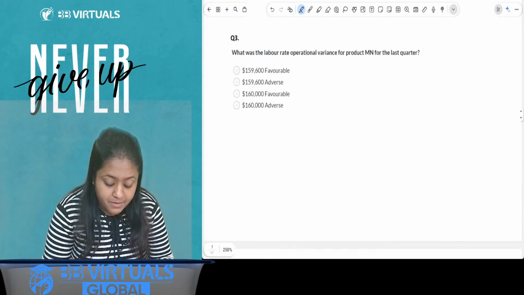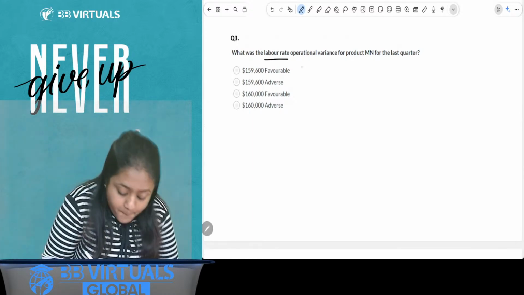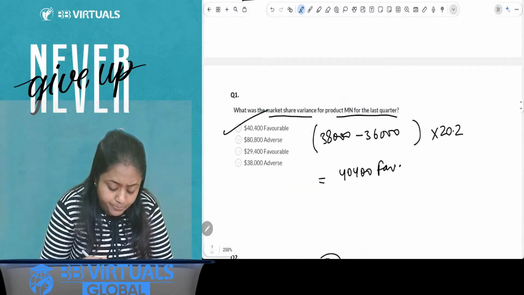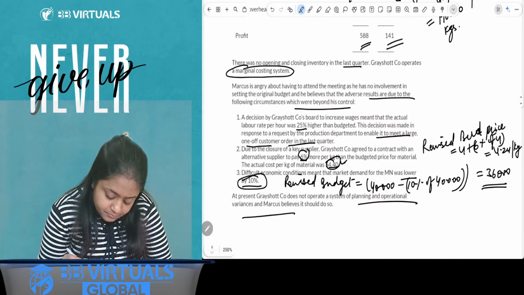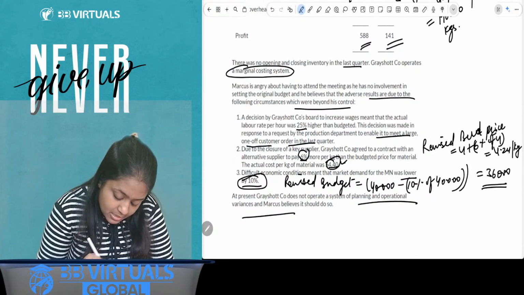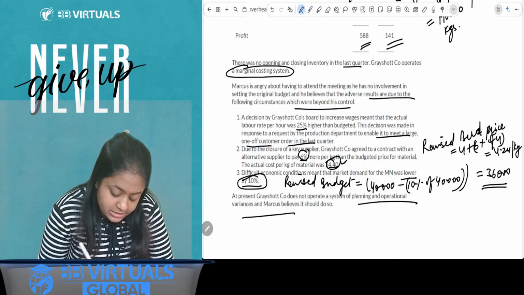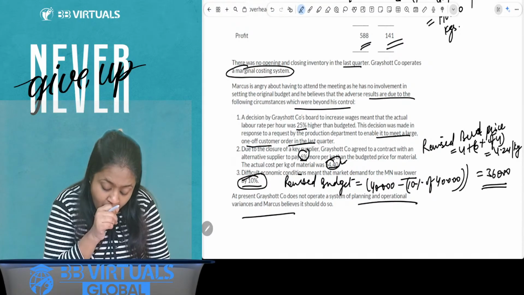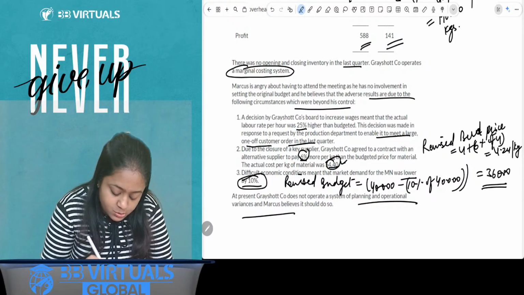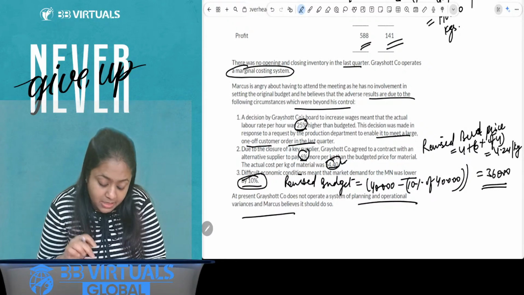What was the labor rate operational variance? Again, just like material price, it is very simple. Just get the actual labor rate. So let's see the question. A decision by the board to increase wages meant that the actual labor rate per hour was 25% higher than the budgeted.